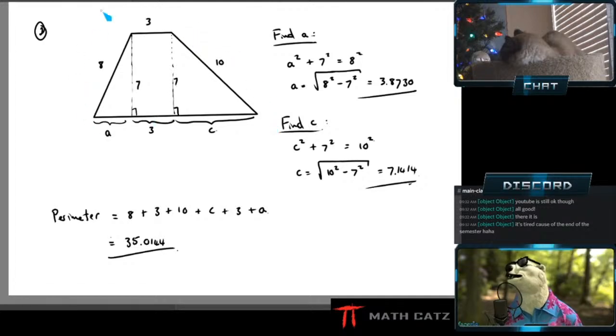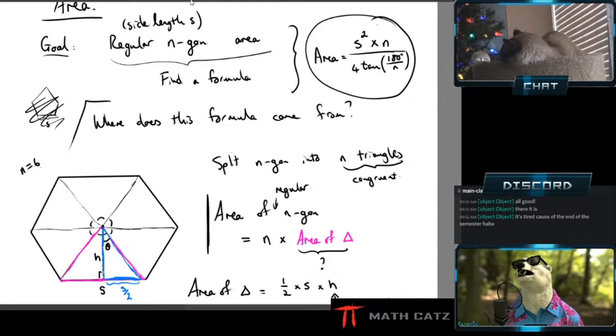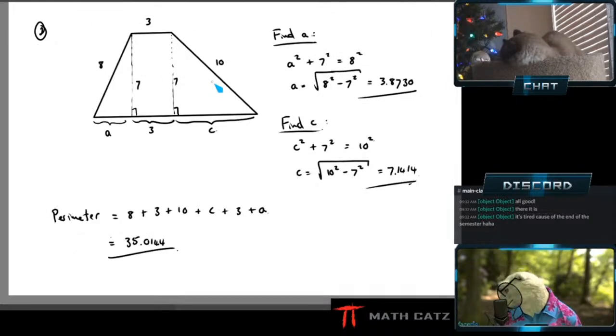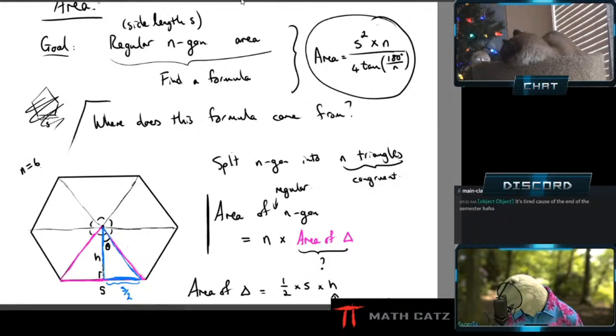All the line segments, all the edges, and then add them up. We remembered that for the circle, it's called the circumference, and we already know that, 2 pi r.